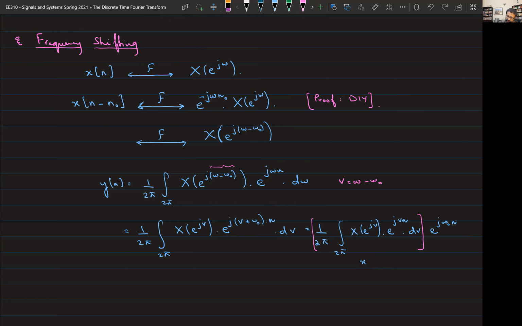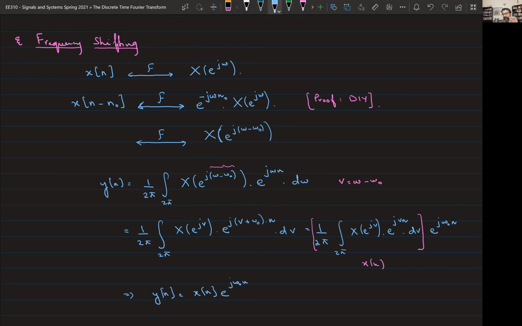So consequently, what I can say is that y of n is equal to x of n times e raised to j omega naught n, and indeed there's a duality here, right?